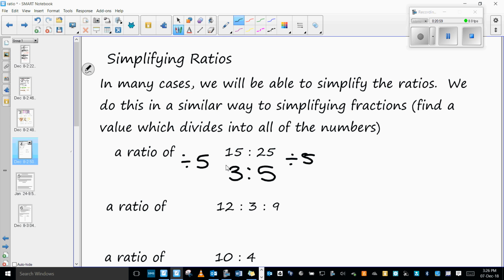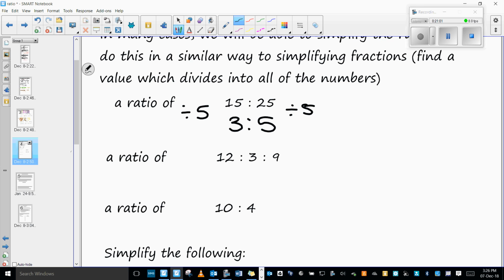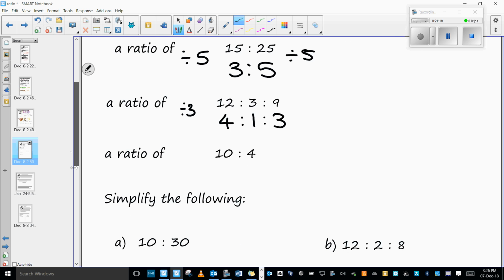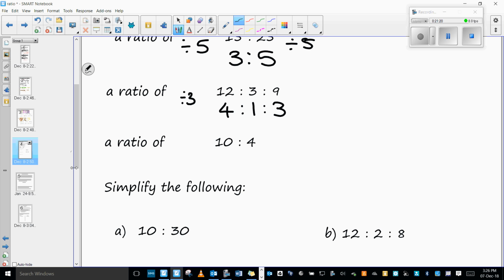Now, 12, 3, and 9. Which number goes into all 3 of those numbers? Sarah? 3. So we're going to divide all of them by 3. So that's 4, 1 and 3. Good go. 10 and 4. Kaya? 2. Lovely. So it's 5 and then it's 2.